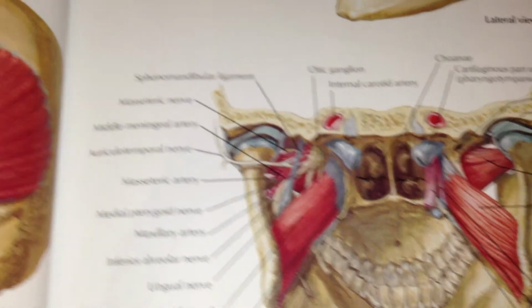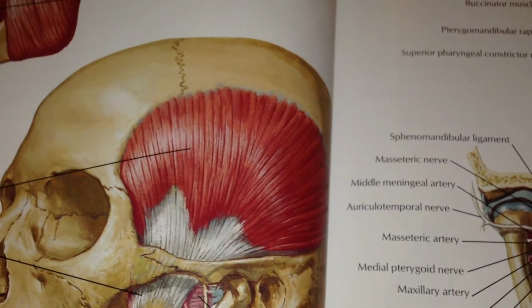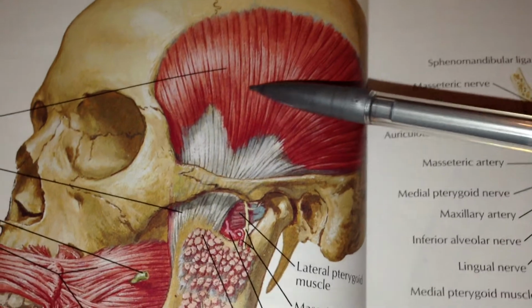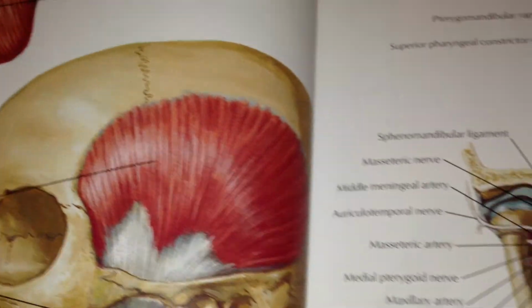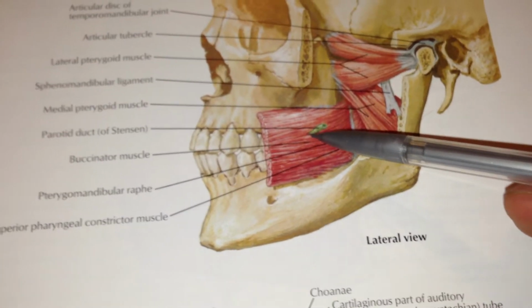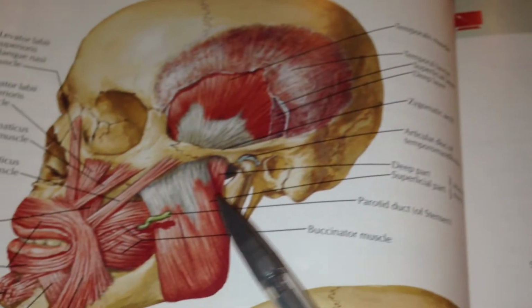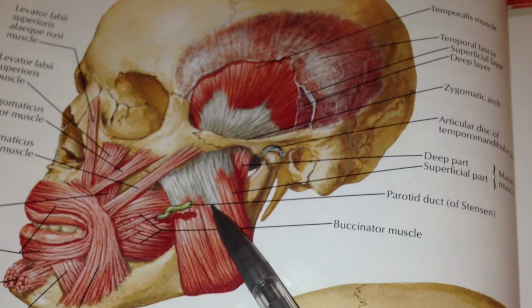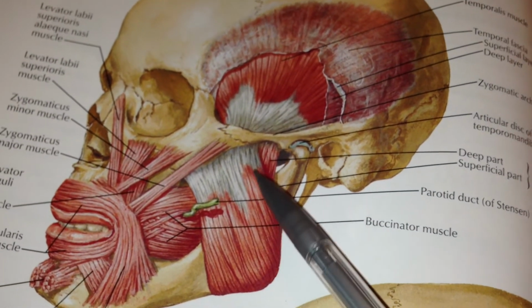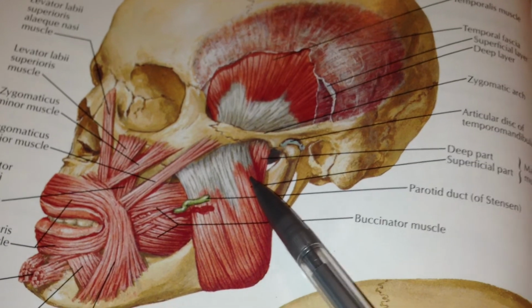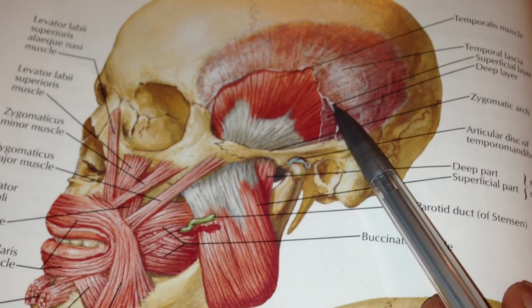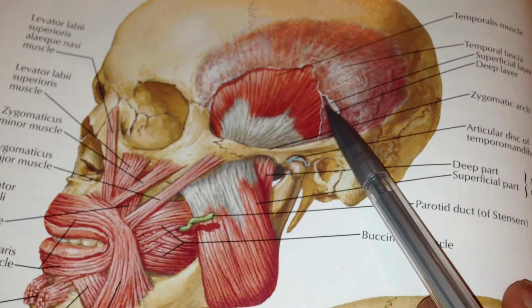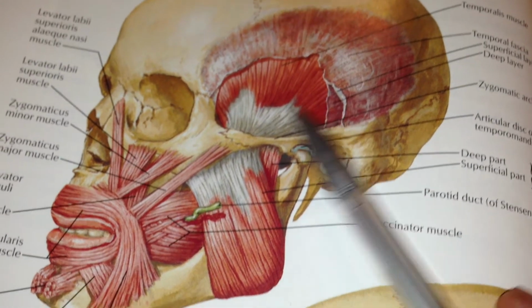Now, real quick, I have to mention their innervation. I didn't talk about it too properly. Each of these muscles are going to be innervated by their corresponding branches from the motor masticatory branch of the mandibular nerve. So the temporalis muscle will be innervated by the deep temporal nerves of the motor masticatory branch.